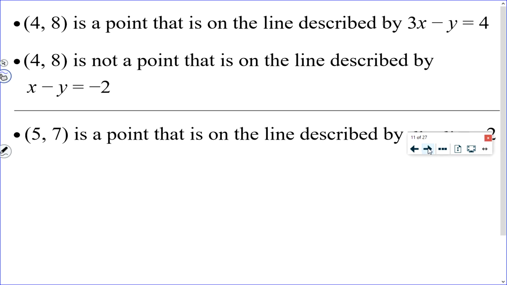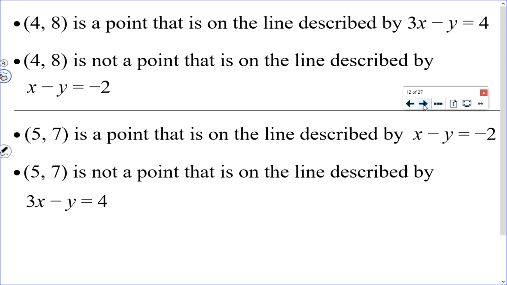When we look at 5 comma 7, 5 comma 7 did not make equation 1 true, so it's not a point on the line 3x minus y equals 4, because that's equation 1. 5 comma 7 was a point that made equation 2 true, so it is a point on the line described by equation 2.